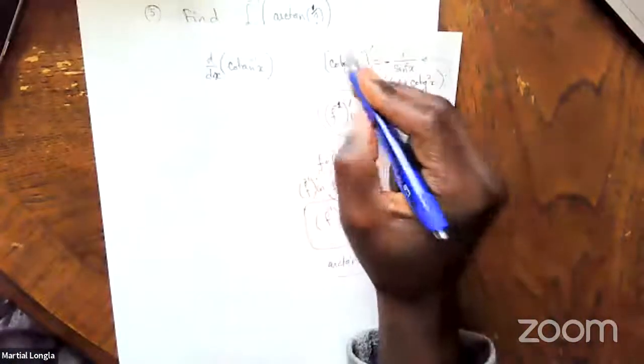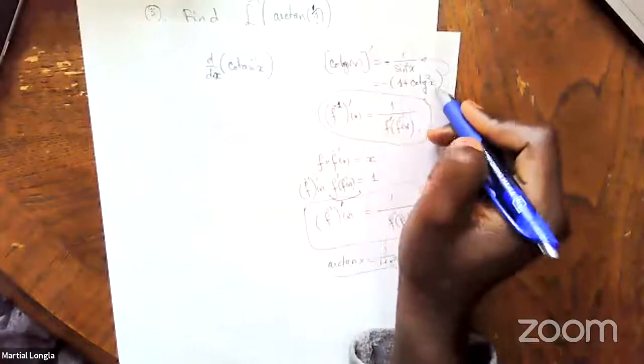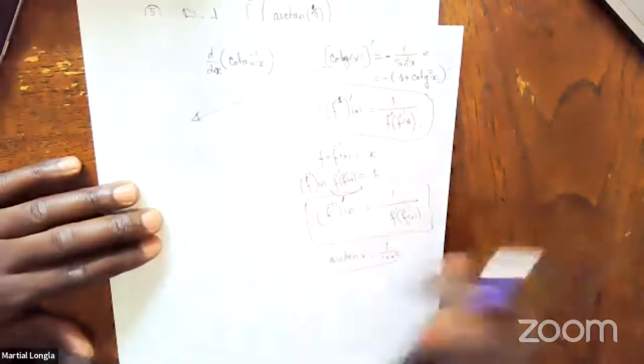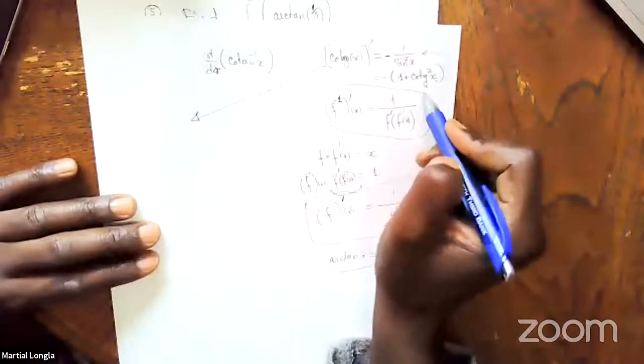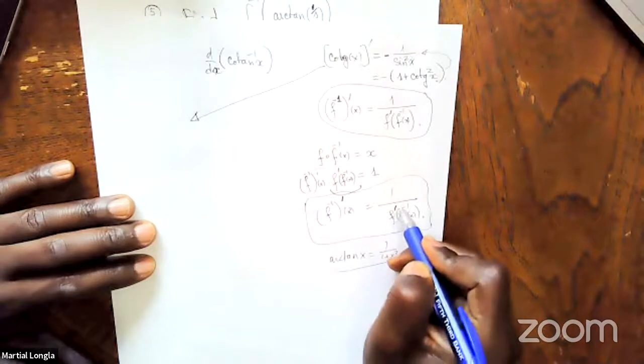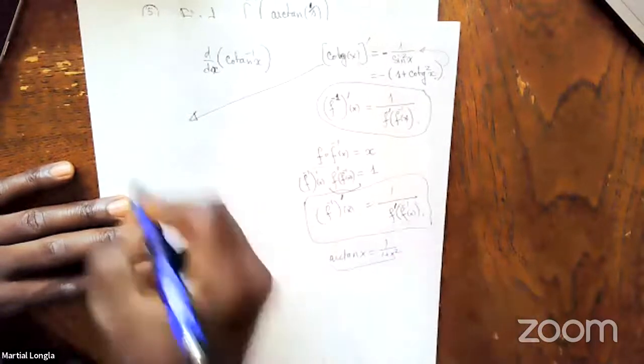Now that we know the derivative of cotangent is this, I apply this formula, the derivative of cotangent applied to inverse cotangent.